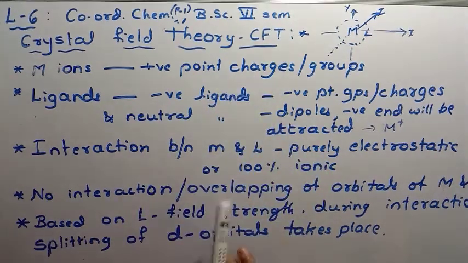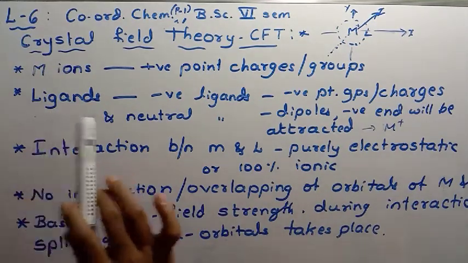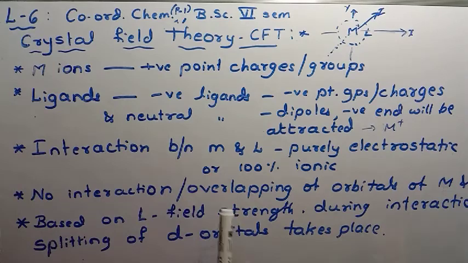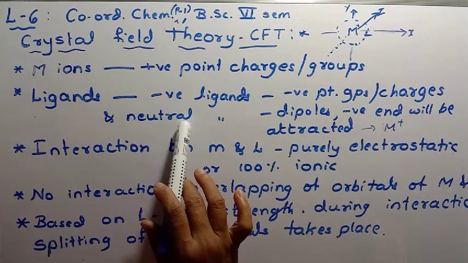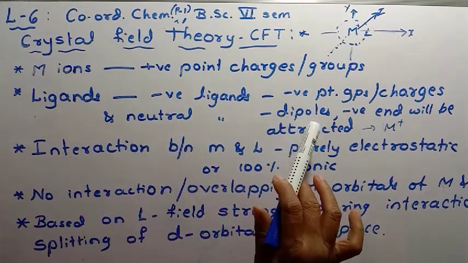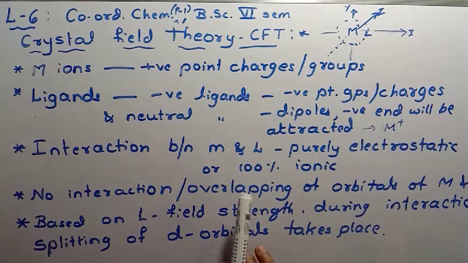Ligands are regarded as negative point charges. If the ligands are neutral in nature, then they are regarded as dipoles, and the negative end of the dipole will be attracted towards the metal ion.